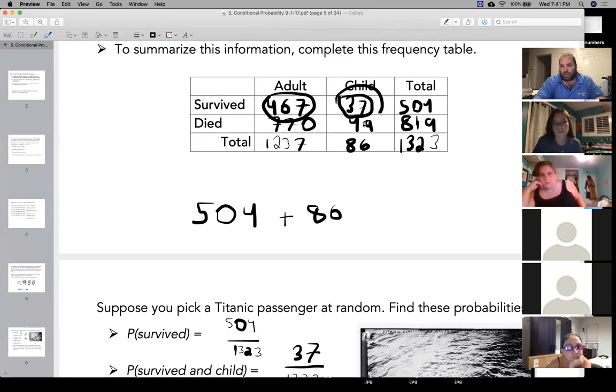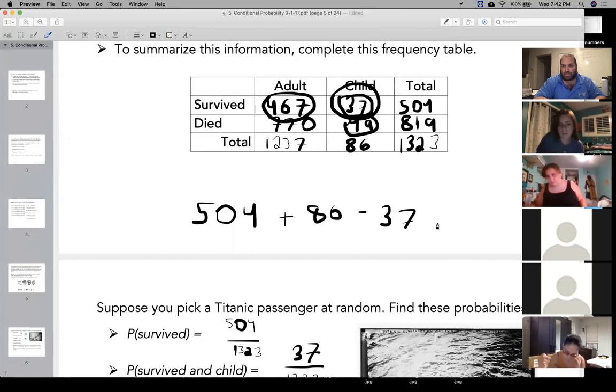And it was this one and this one, which made 86, correct? So when I add these two numbers, I'm really adding this, this, this, and this, because that's where those numbers came from. Aren't I double counting by adding these ones twice? Yes. So because I counted them twice, I want to remove them.